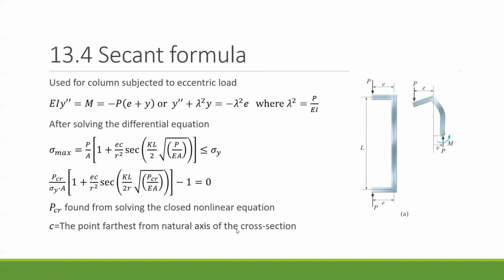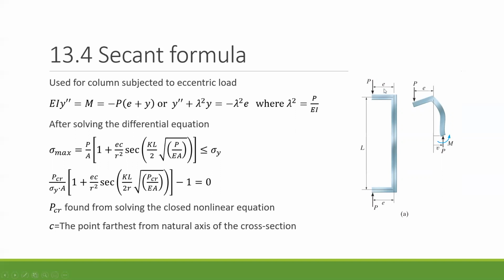Okay, let's start with the new subchapter, the second formula. Why are we using the second formula? Up to this point, we always discussed a vertical force passing directly through the center of the cross section.